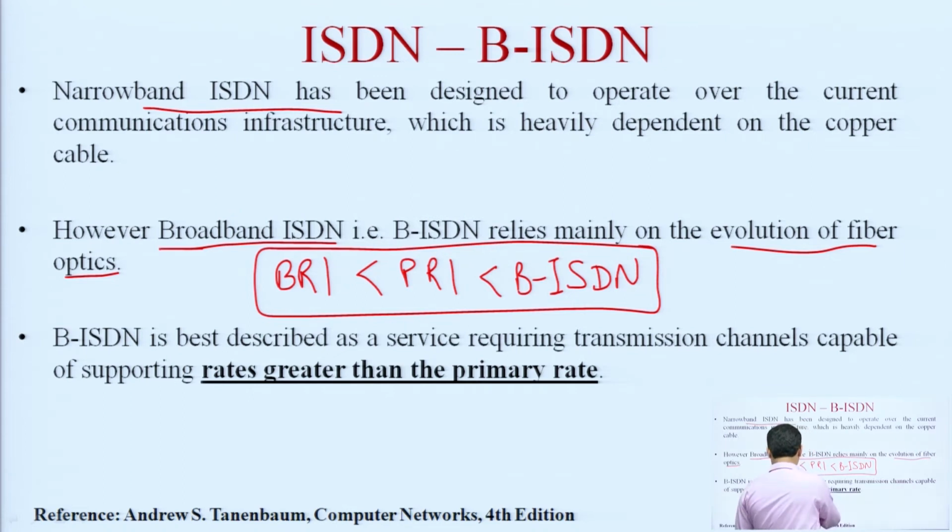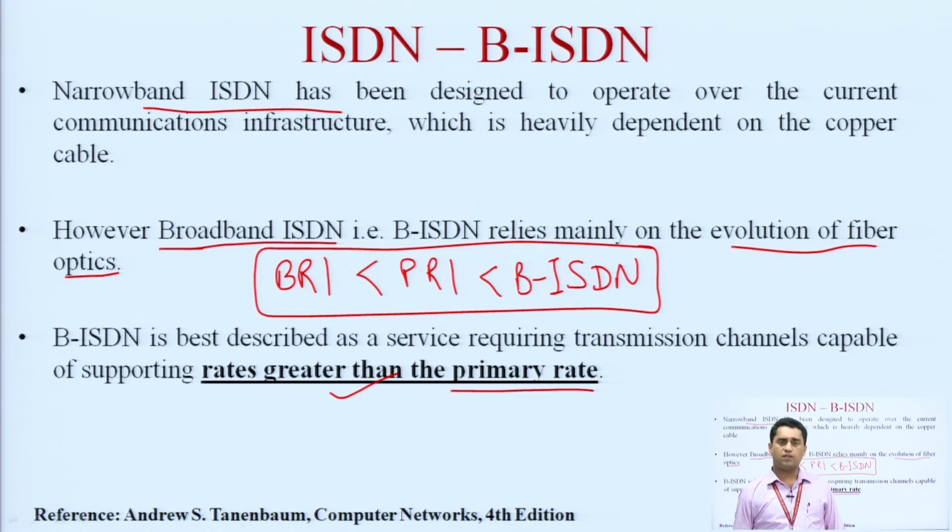It is clearly mentioned that the supporting rates are greater than the primary rate, and obviously, if it is greater than the primary rate, it is also greater than the basic rate interface. So, this is all about the three interfaces under ISDN. I hope now these three interfaces are clear, what the data rates are and what the nomenclature is.